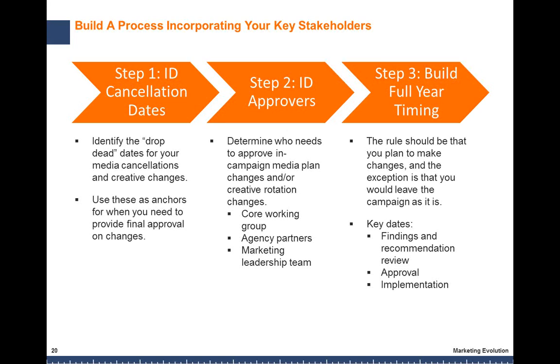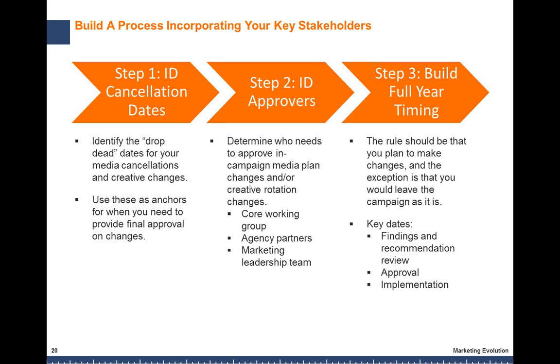So if you're working with Marketing Evolution, what you'll likely receive is our findings of which media is working, which is not, which media groups are most efficient, which are not, and then based on that, a lot of the optimizations that we described. And again, if you want to learn a little bit more about our optimization process and our software, I'd recommend taking a look at another one of our webinars, but it's really an automated process.